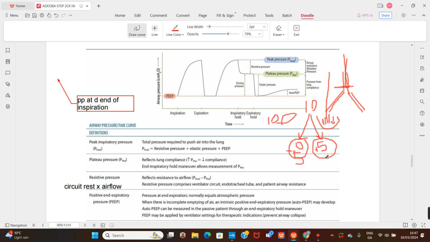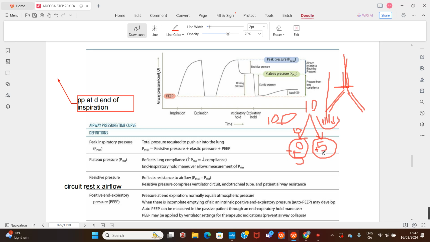So we have a PEEP that is already increased, like +5. That is going to create a problem, because we have to factor this +5 into the extra inspiratory pressure I'm going to deliver. For example, when it is 0, I just deliver 10 of inspiratory pressure to bring in air.